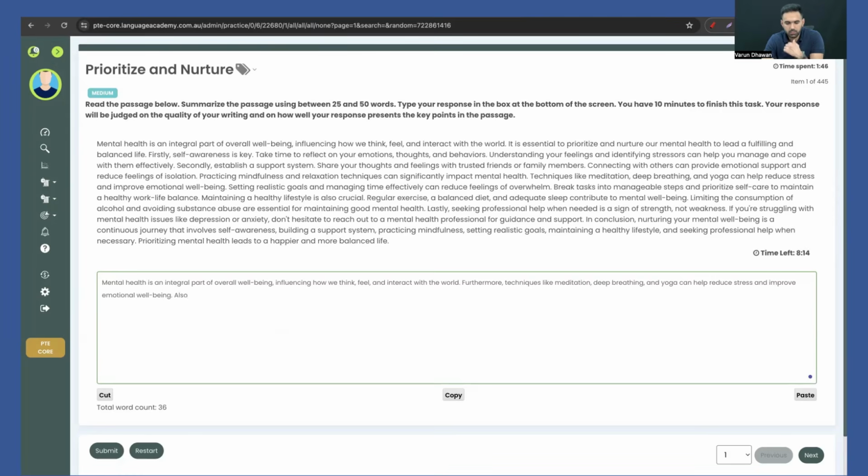Now we can only write a small sentence because we have to stay within the word limit of 25 to 50, right? Okay, we'll write this sentence. Or we can write this one.